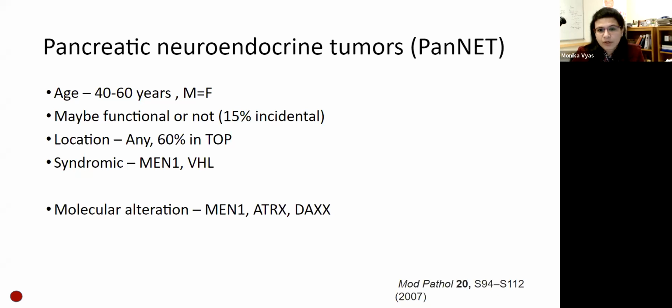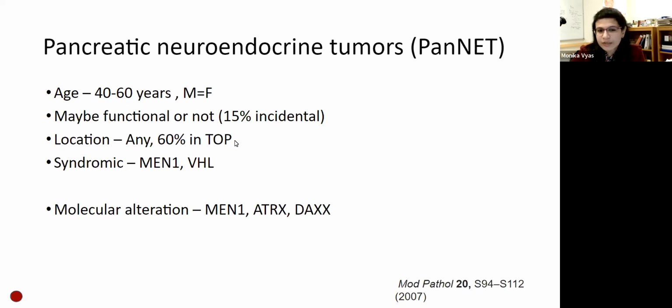So pancreatic neuroendocrine tumors can arise at any age. The more common age group is 40 to 60 years, and no male or female preference can be seen. They may be functional, meaning they can secrete certain hormones such as insulin, glucagon, or gastrin, and can have clinical manifestations associated with that particular hormone secretion.